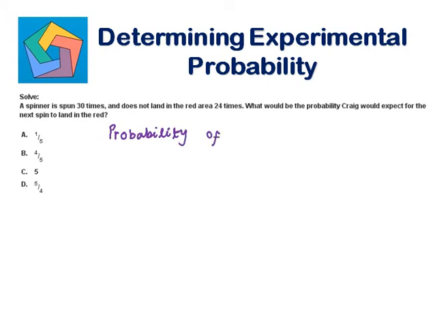Probability of the spinner not landing in the red area becomes 24 over 30. Number of times the event has occurred divided by the total number of trials, so I can subtract from 1 to get the probability of landing in the red area.